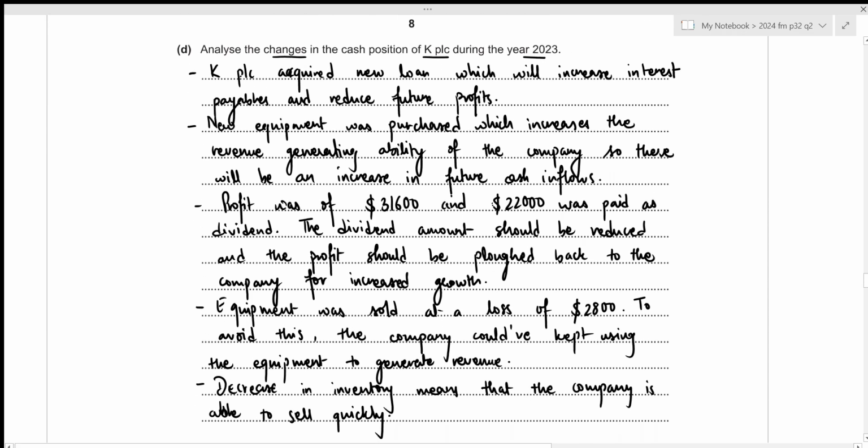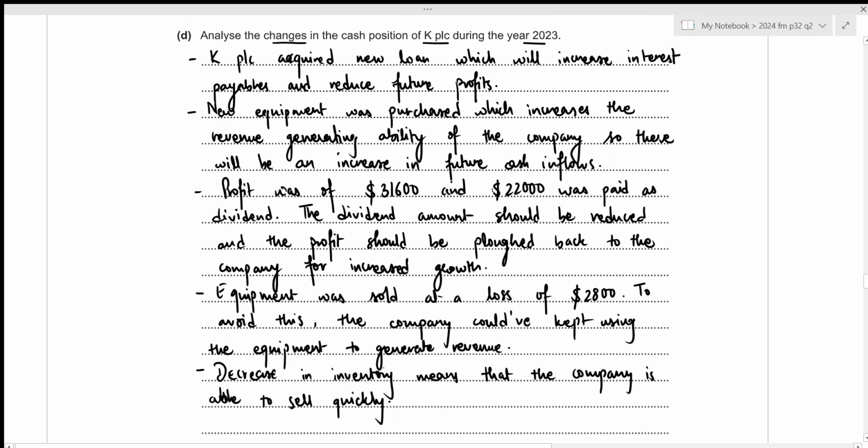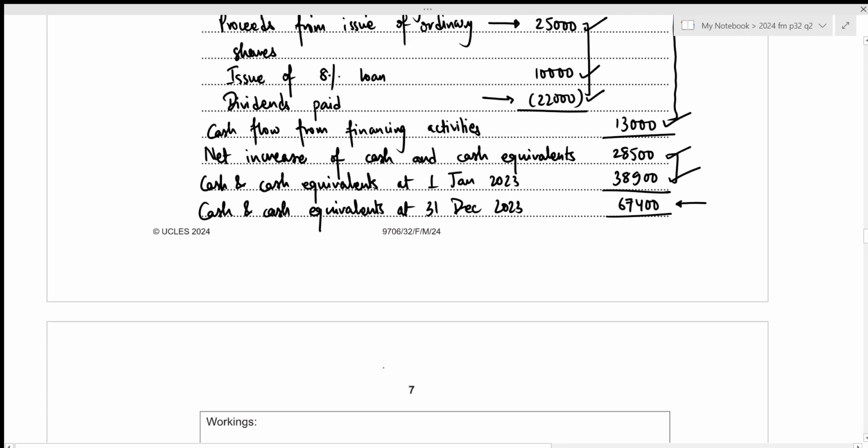Now finally, we can also comment on the cash position. Let's take a look above. We can see that there was a net increase during the year, and both the opening balance as well as the closing balances for cash and cash equivalents are positive.